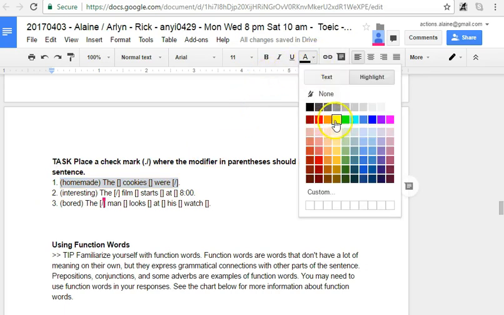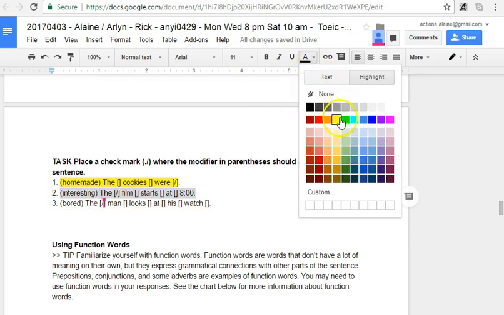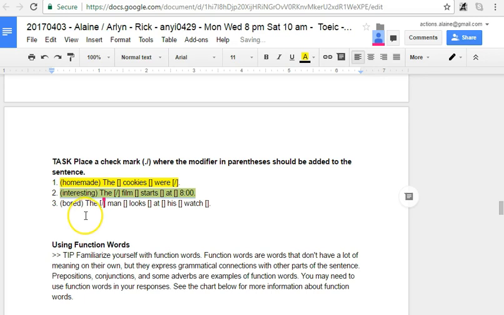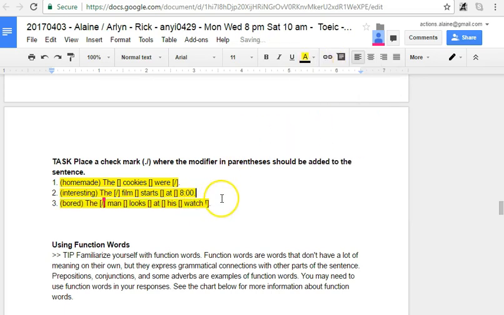Now for number two, it should be placed on the first part, so: the interesting film starts at 8 o'clock. Very good, this is also correct. And lastly: the bored man looks at his watch. Very good. So there, you well know how to use modifiers.